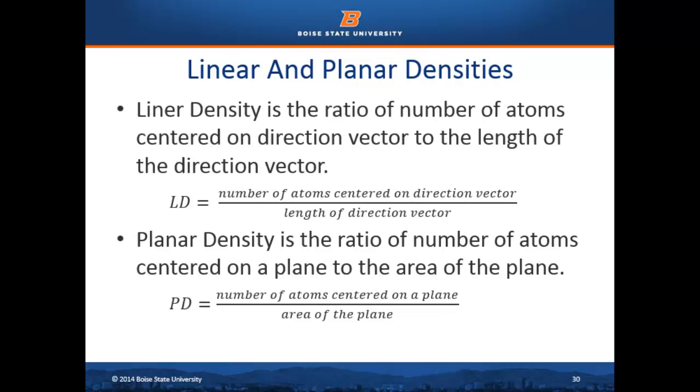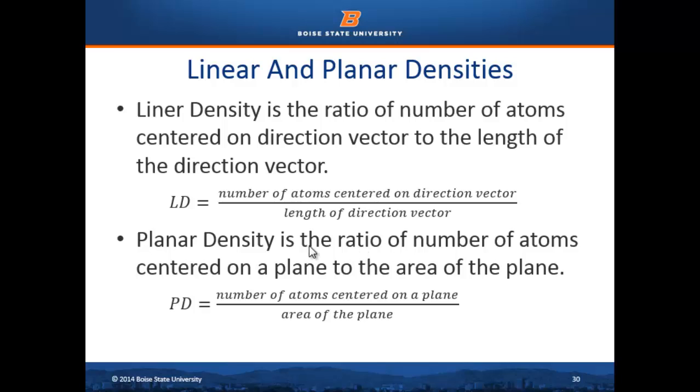My name is May, and we will go through linear and planar densities quickly. Linear density is the ratio of the number of atoms centered on a direction vector to the length of the direction vector. The formula is LD equals the number of atoms centered on the direction vector over the length of the direction vector.